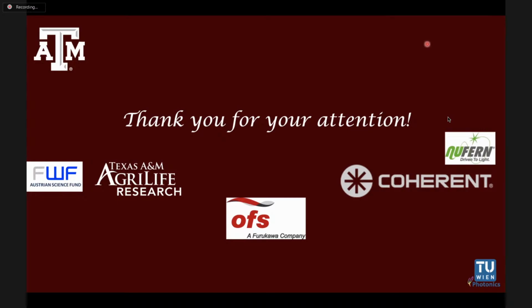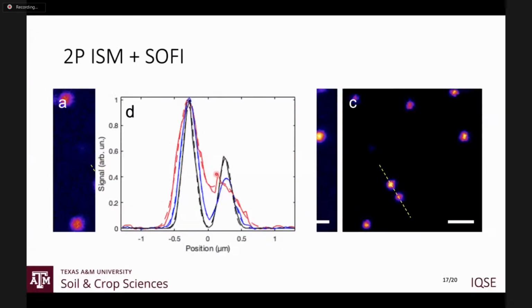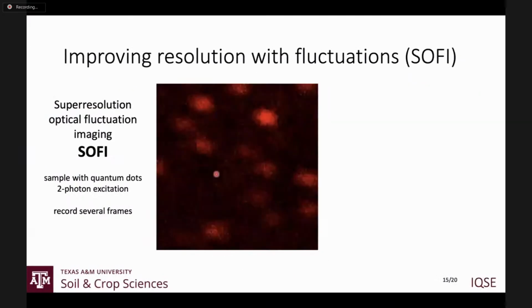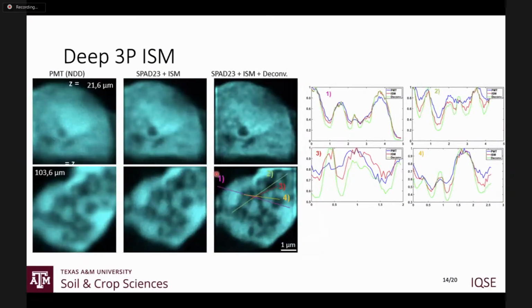Let me try to understand the question right. When we obtain images, for example, images like these, this is a spinal cord where the cell nuclei were labeled with a blue fluorophore.